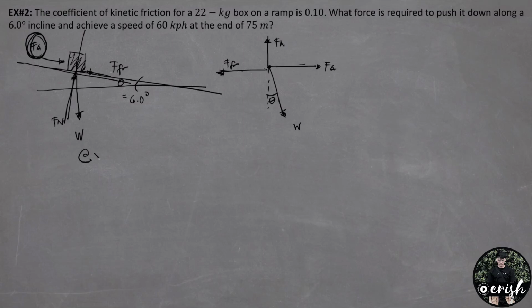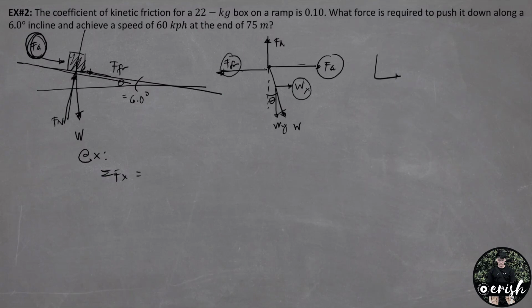So at the x direction, horizontal direction, gagamit tayo ng summation of forces. Ang nag-a-act na forces sa x, kuhanin muna natin yung components ng weight. This is weight x and this is weight y. We have 3 forces na nag-a-act sa x direction natin: yung force applied na required or yung hinahanap natin, weight at x, and yung force of friction.